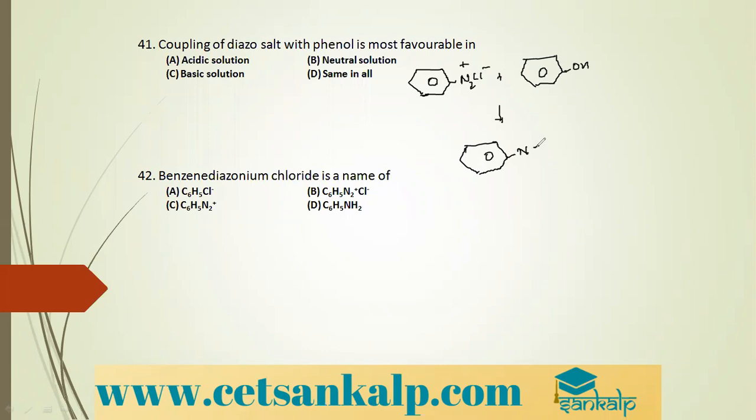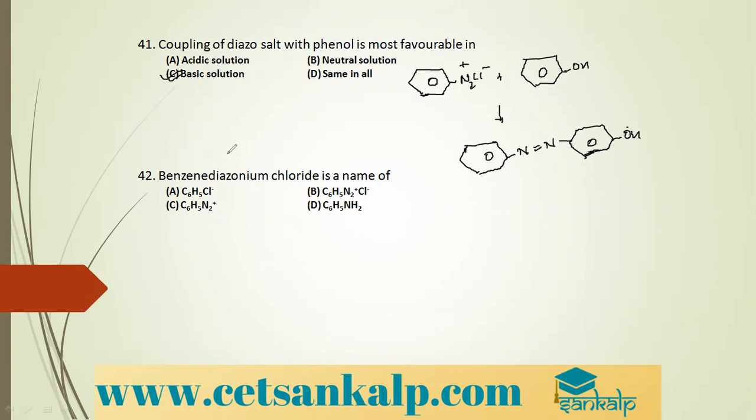In the coupling reaction the nitrogen bond remains intact. Attack occurs at the para position, and here you have OH. Phenoxide is formed, O minus, which is more reactive. It is a basic solution.